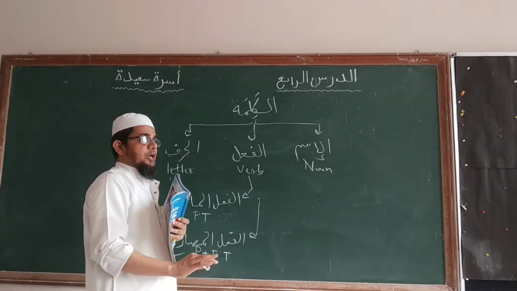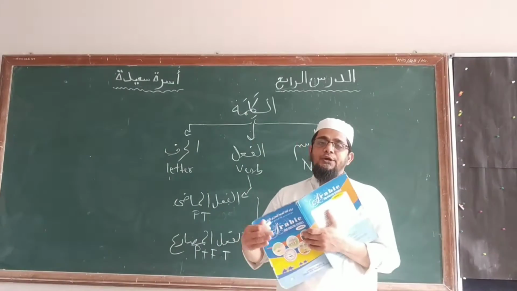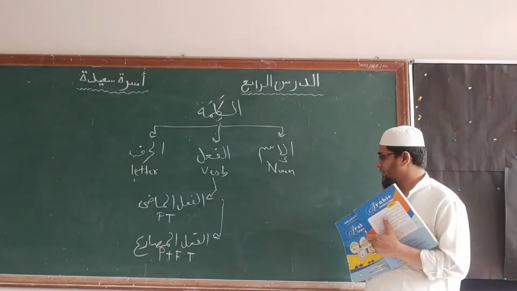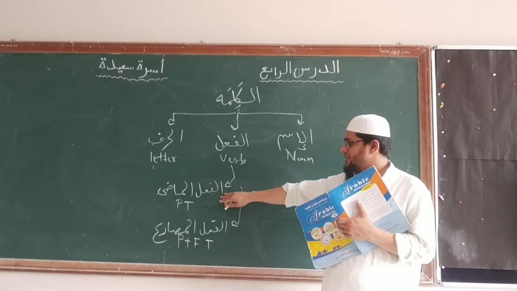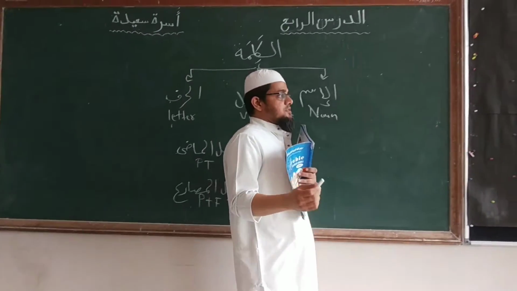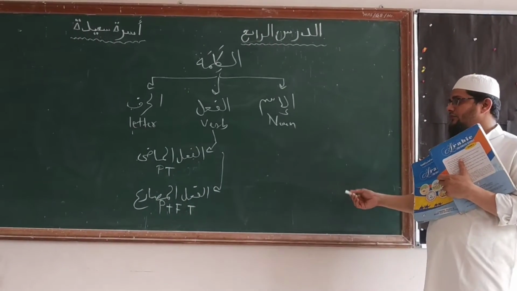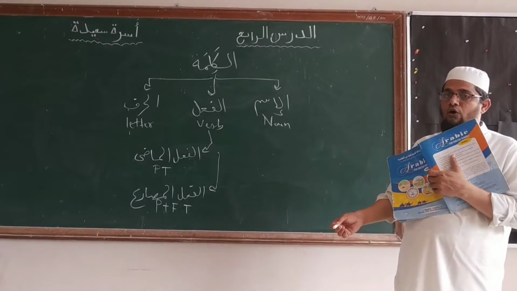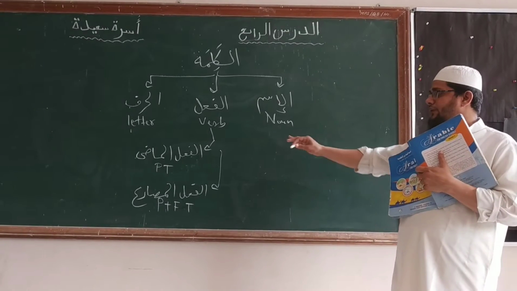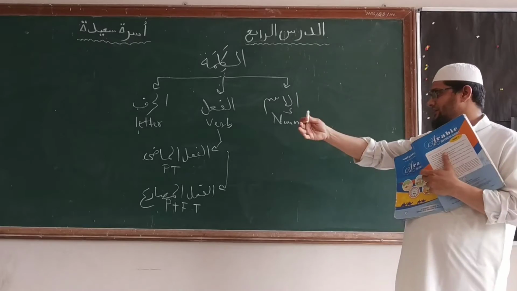So these are 2 types. The other 2 types are fi'lul amr and fi'lul nahi, but that we will learn later, inshallah. Before break, in past tense, you are aware that there were 3 radicals, means huruf asliya, fa, ain and lam. Mostly, fi'l madhi comes in 3 letters, then 4 letters and then 5 letters.